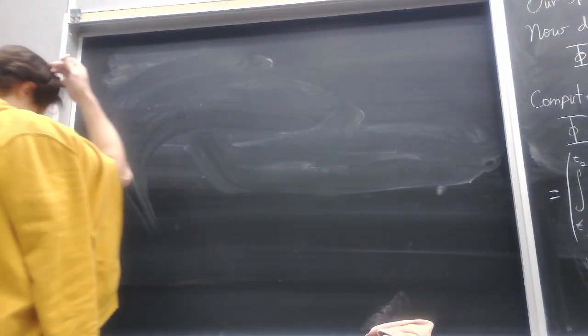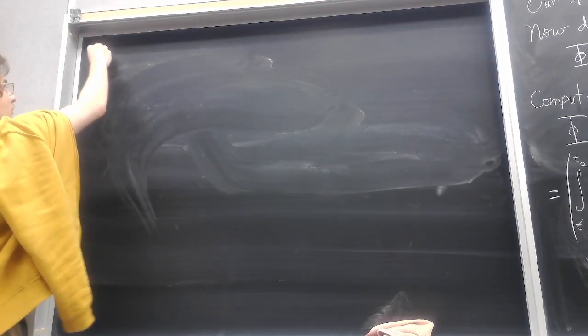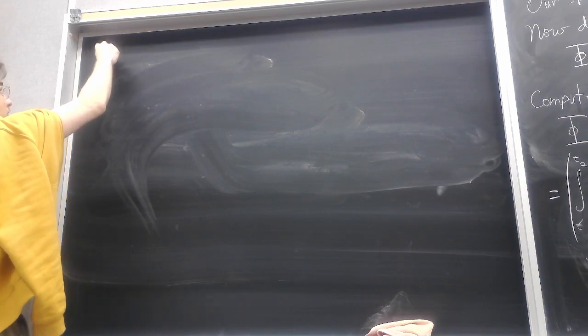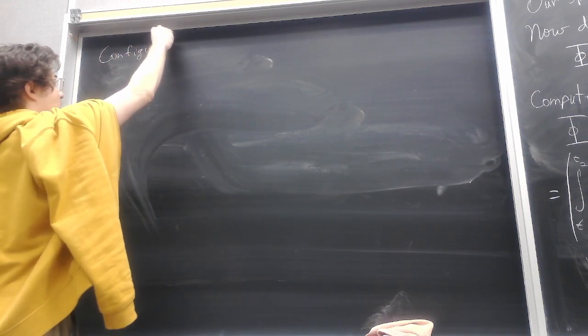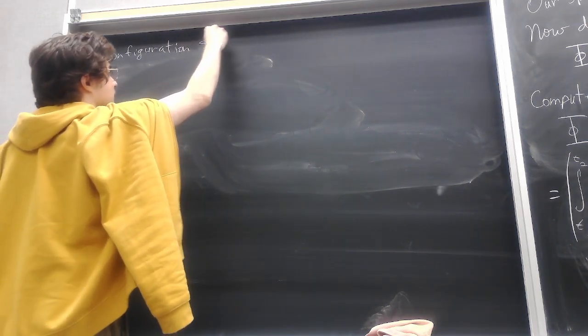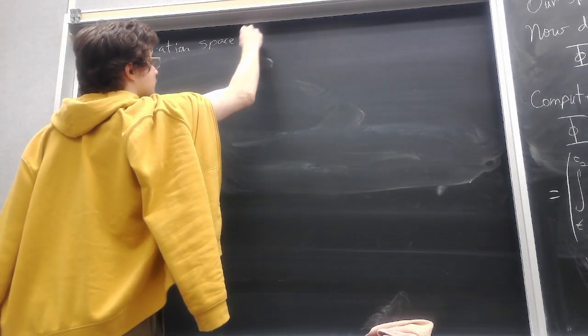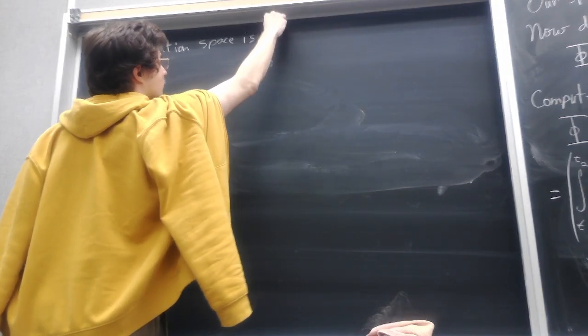Okay, suppose we're doing mechanics over R^n. So the configuration space is R^n. For now let's stick to R^n.